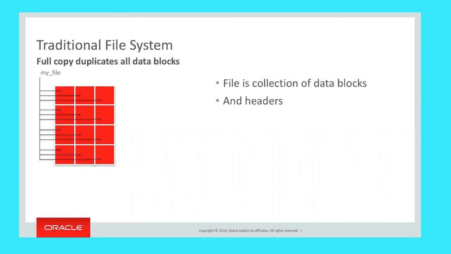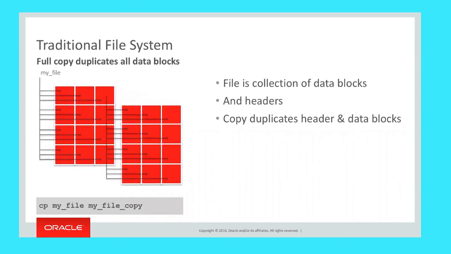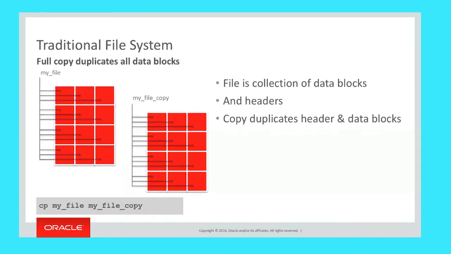So if you're going to take a copy of that file, the simple way of thinking of that is you copy all the blocks and all the headers. Nice and easy. Everyone understands this. But it's expensive because it is literally a copy of everything involved. And that means you duplicate the storage. It's 100% extra storage. And it takes all the time it takes to write all of that data.